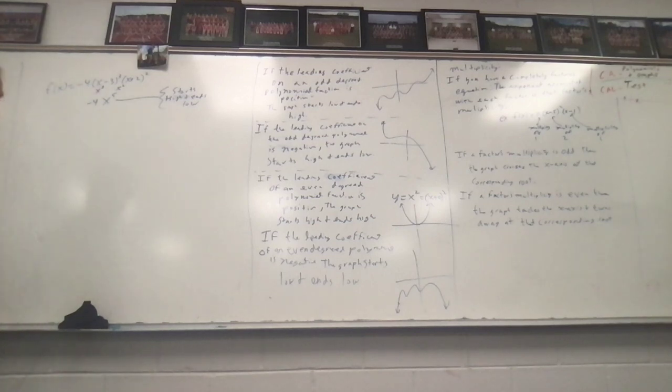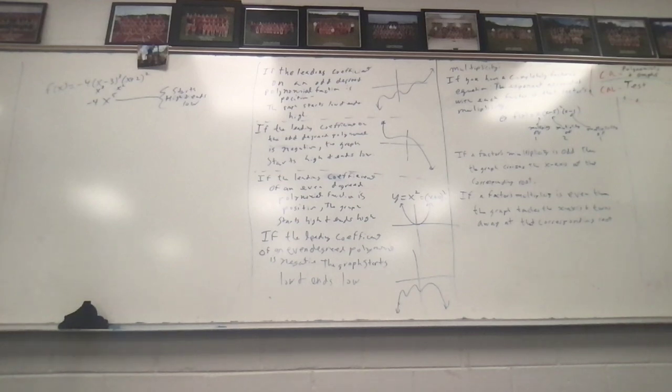Now there's actually a way to find the y-intercept here. Hines does not require me to teach this to you, but I will anyway. If you want to know the y-intercept, that's when x is equal to 0, right?